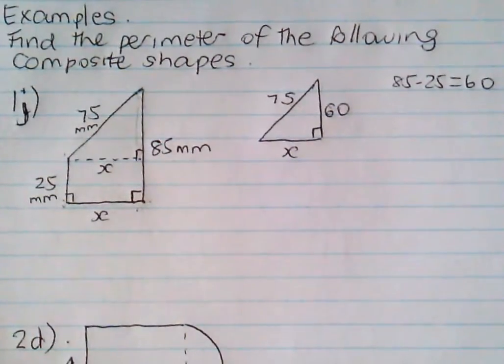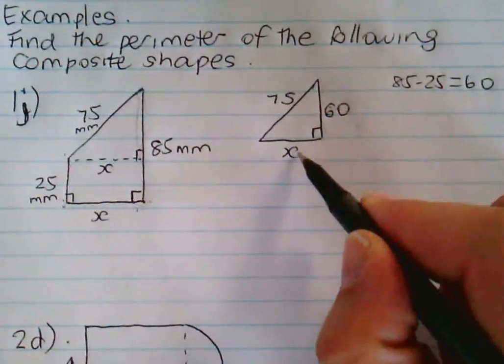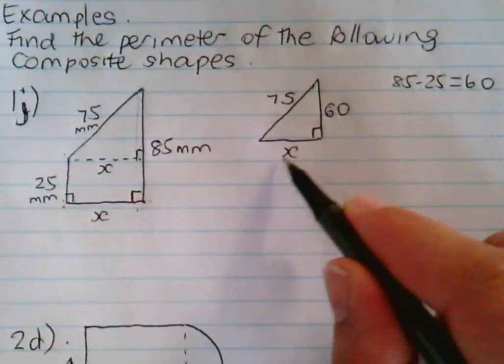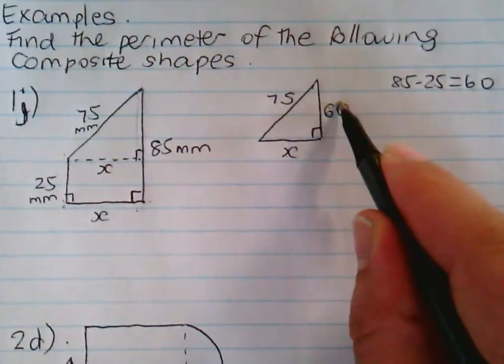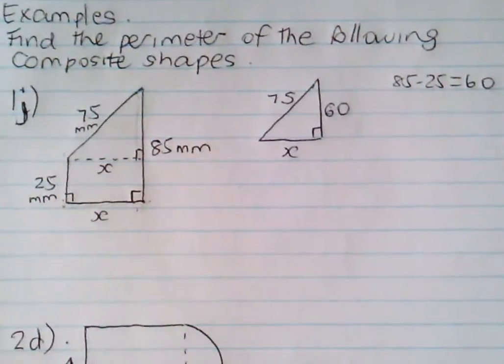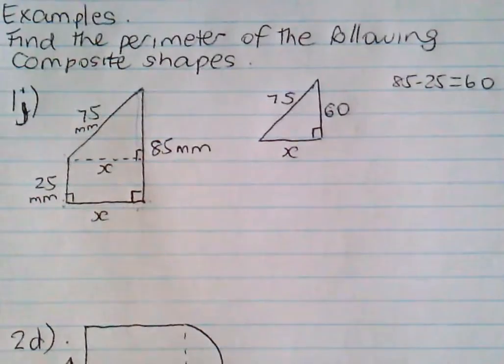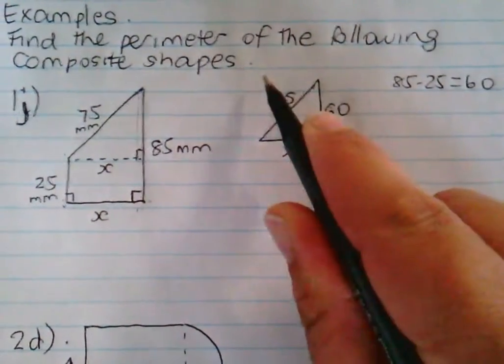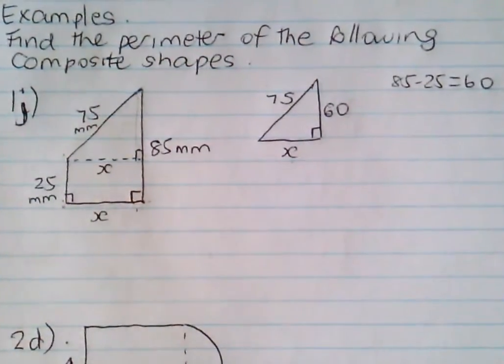The sum of the two smaller sides squared equals the larger side squared. So I can set it up going x squared plus 60 squared equals 75 squared, or you can just do it in one step.